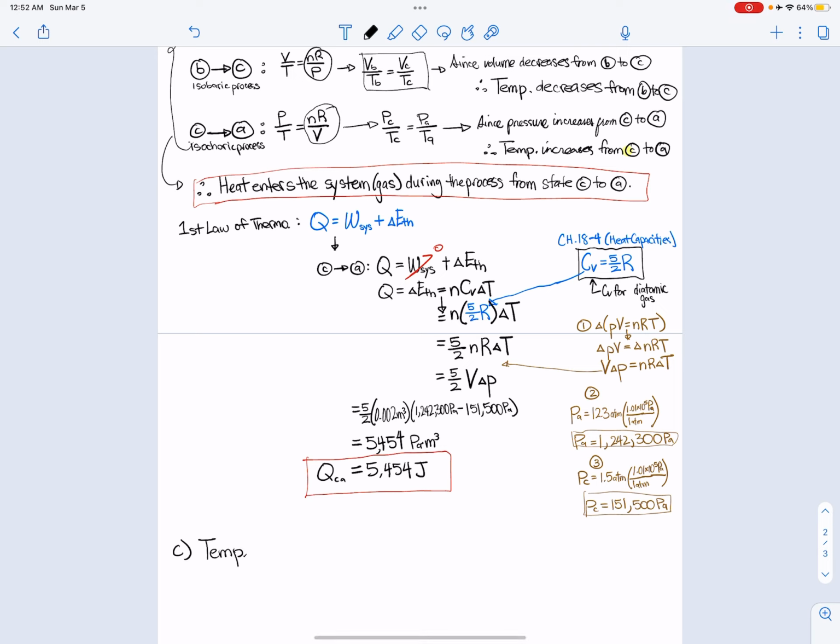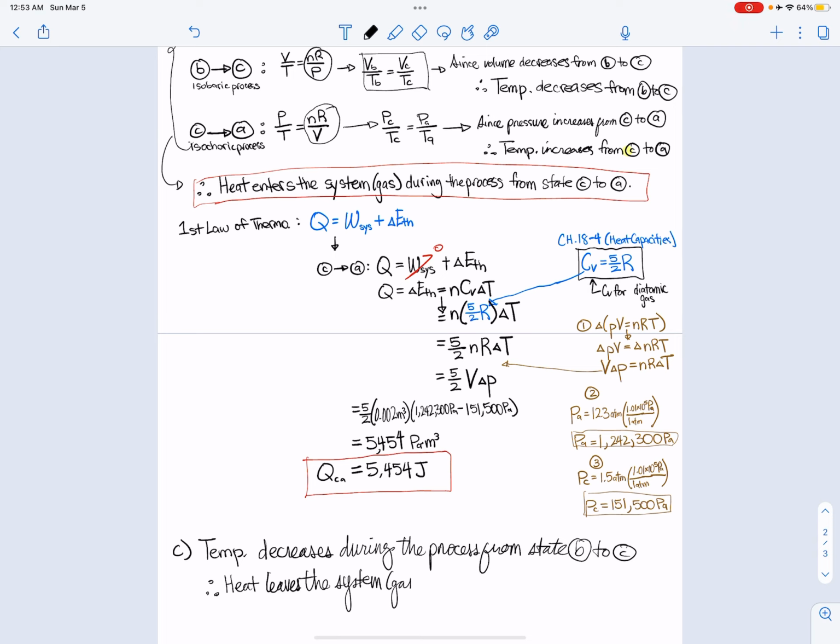Temperature decreased during the process from state B to state C. Therefore, heat leaves the system or the gas during the process from state B to state C, right? Okay, awesome.